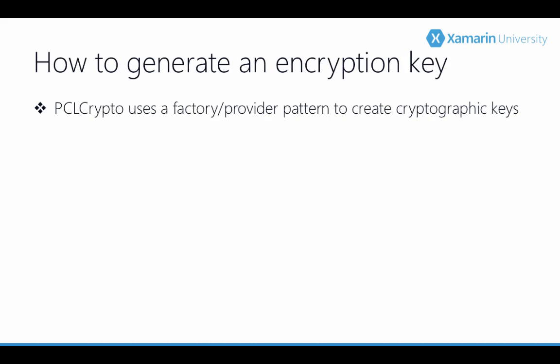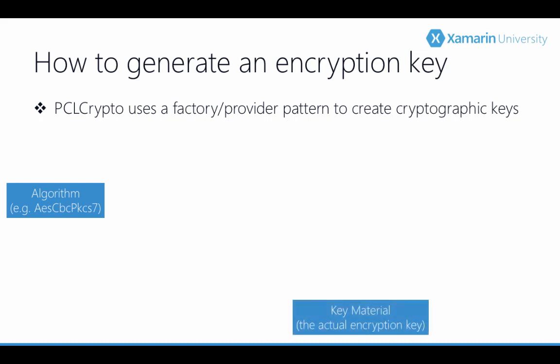PCL Crypto uses a factory provider pattern to create cryptographic keys, and this is similar to what we saw earlier when talking about hash algorithms, but it does require an additional step. Let's take a look. So as developers, we'll select an algorithm, and we'll also provide the key material. Often, this is cryptographically random data, of course with an appropriate key length based on the algorithm.